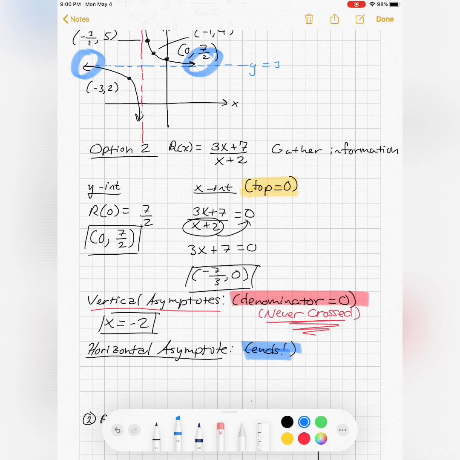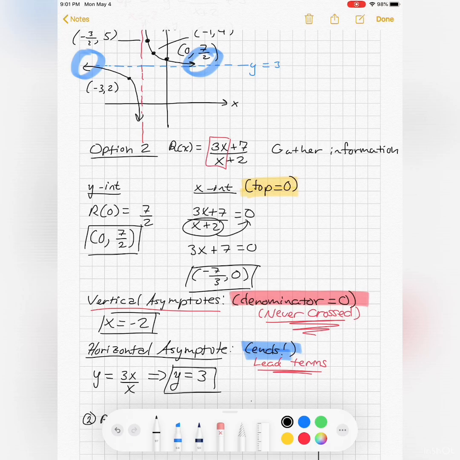Think about end behavior. On the ends, what's going to dominate is the leading terms, just like when we were looking at polynomials. If you look back at this function, the leading terms, top and bottom, are 3x and x. So the horizontal asymptote for this one is going to be 3.